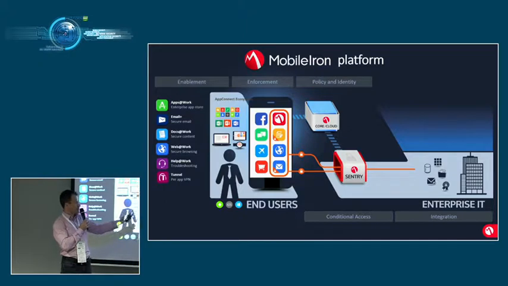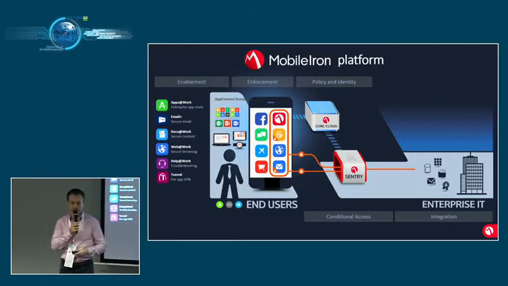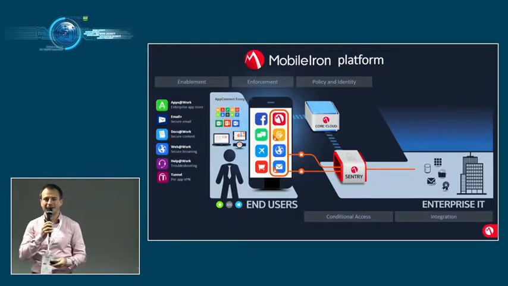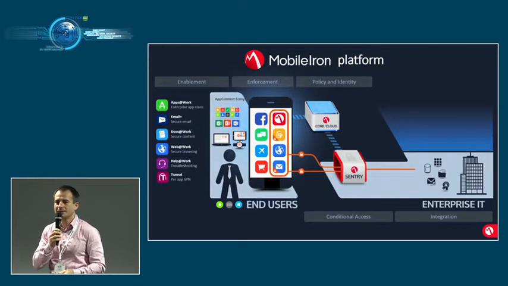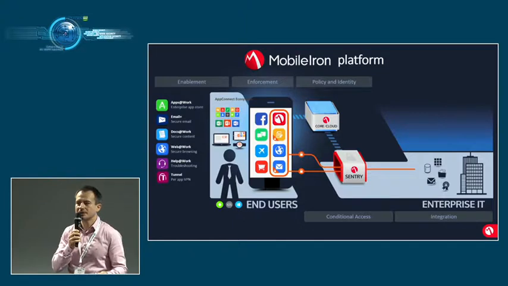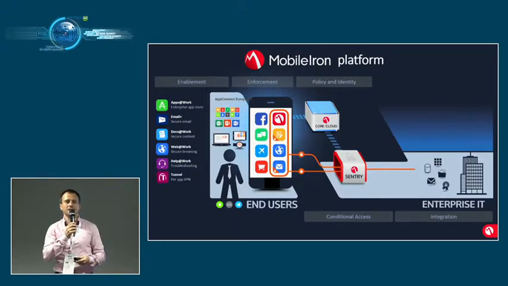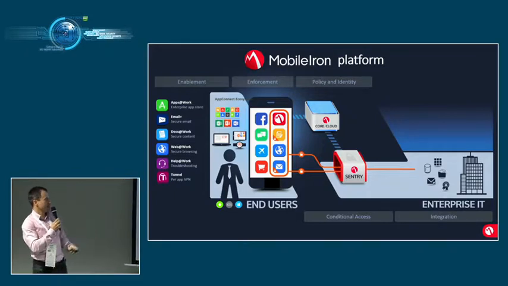They have Sentry. Sentry allows restrictive and secure connection to the company applications. So when the employee is traveling, for example, and wants to use the company application, they can use it in a secured way.